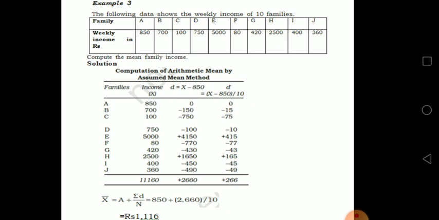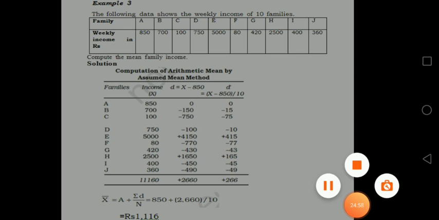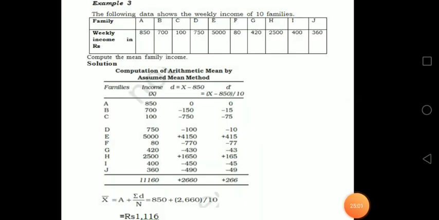Then we can sum up all the deviations for all observations. We could see that the summation of all the deviations is giving us 2,660. Now, to calculate the mean, let's take the assumed mean plus the summation of the deviations all over the number of observations.